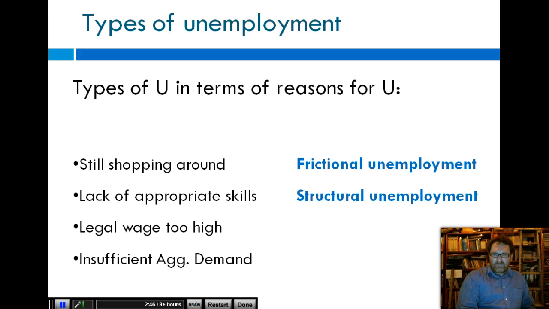remember way back when we talked about the structure of the economy, we said there was a services sector and a manufacturing sector and an agricultural and mining sector. And if we burrowed down into each of those, you could look at different industries within those sectors.